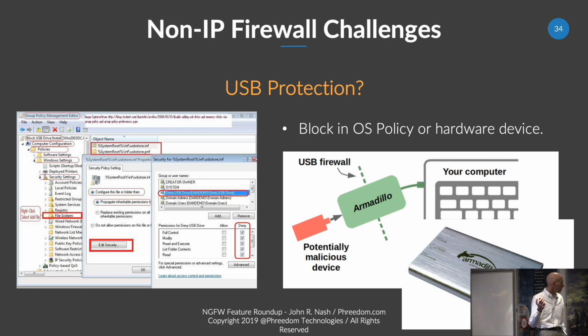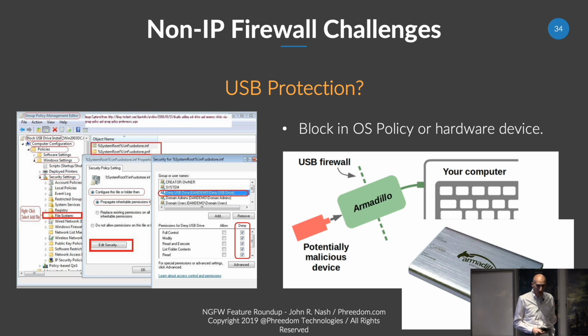USB protection. USB is a network protocol. Do we need to be worried about that? Do we need to have security for that? Certainly. USB is an infection vector for a lot of systems. There are two main ways that I know to deal with that. One is, if you're in a corporate environment, you can do a network policy to lock down USB storage devices.